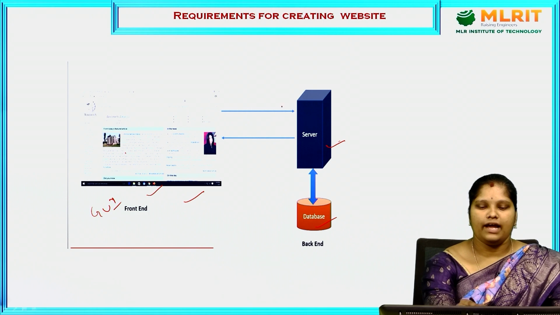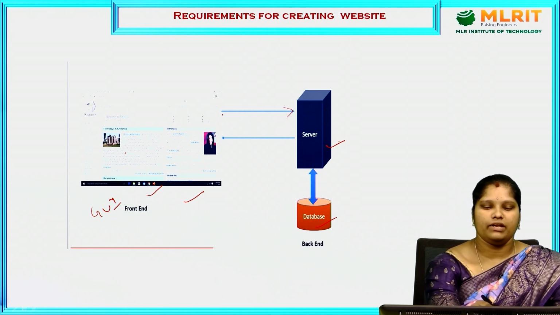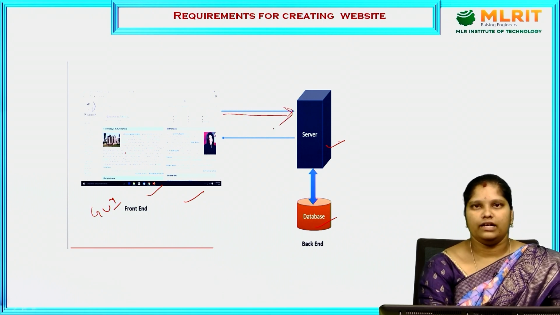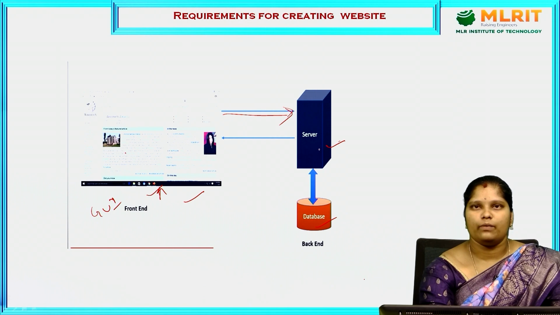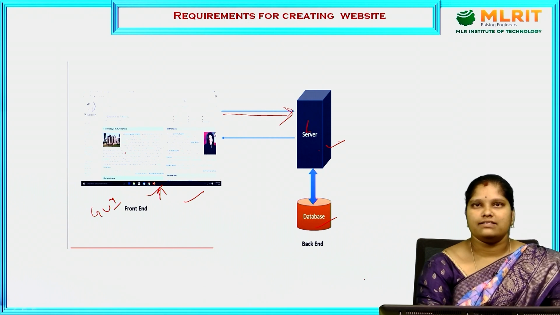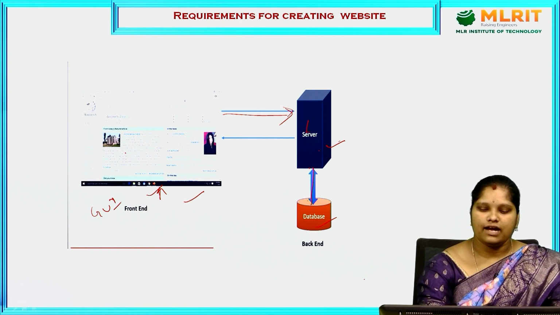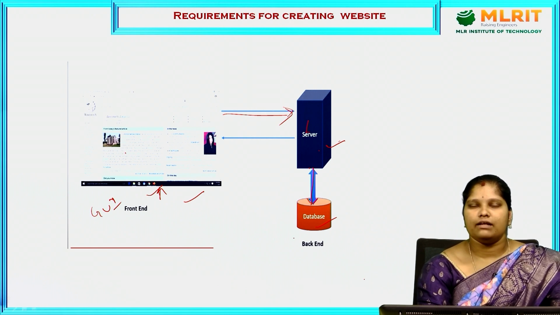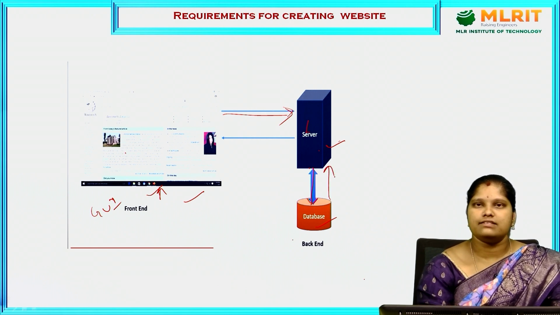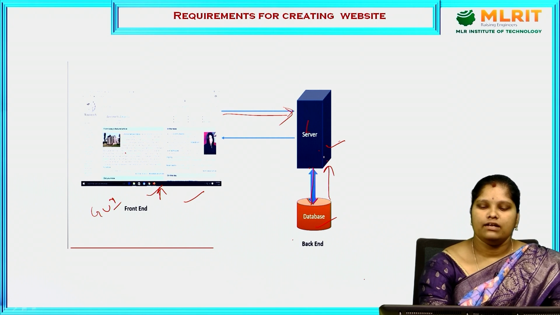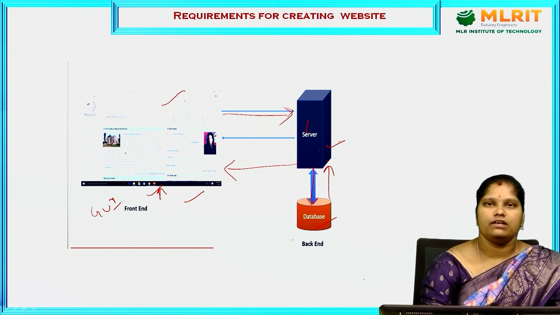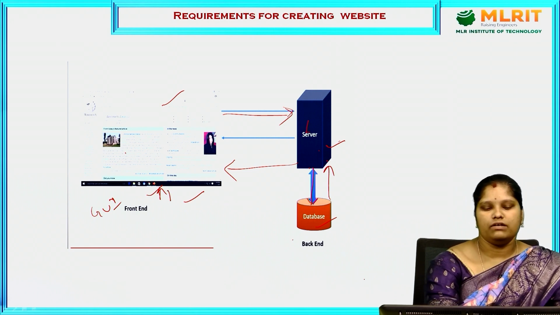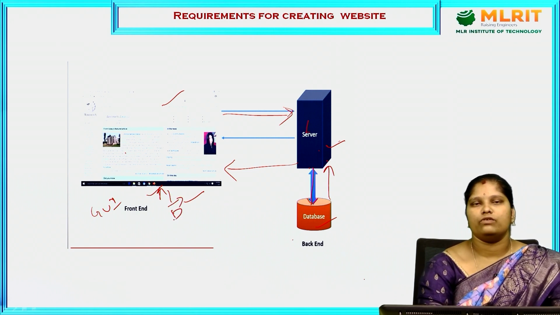For example, I need some information about the MLRIT departments. By clicking on the departments page, it sends a request to the server, and the server accepts that request and sends it to the database. The database gives the department list and the server sends the departments list to the web page, and the departments list is visible to the user.